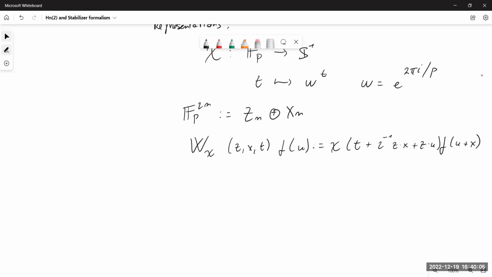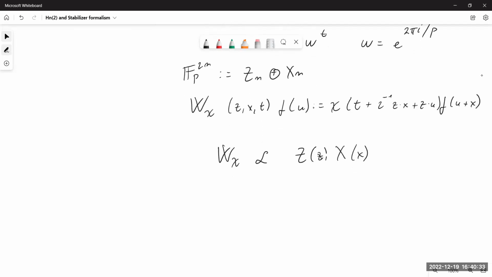Then we saw that they are traceless. I mentioned that they are traceless, and actually this is very easy to see. That's because as matrices, up to the phase given by the character, these are just Z times X operators. And the Z operator is an operator where on the diagonal we have all the roots of unity.